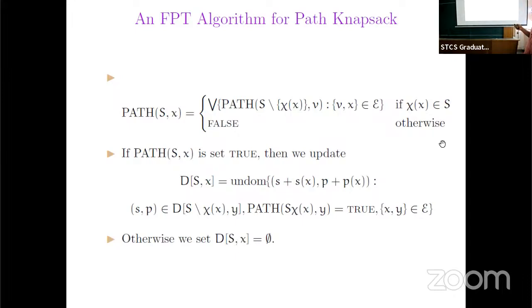And if this is true, that means if I have an S-colorful path ending at X, then we update D(S,X) as follows.